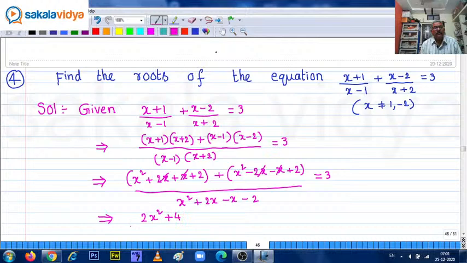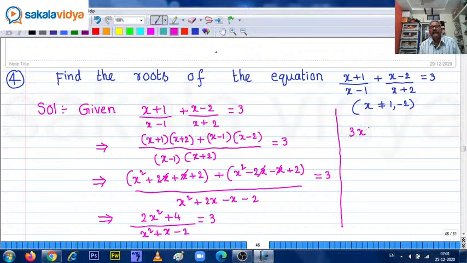Upon x square, 2x minus x is plus x, and minus 2, equals 3. Now you need to cross multiply. If you cross multiply, what do you get? 3x square plus 3x minus 6 equals 2x square plus 4.